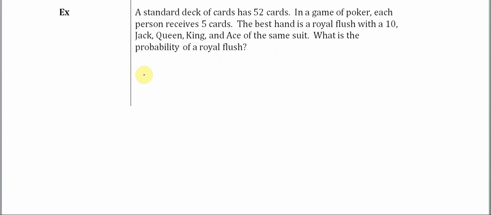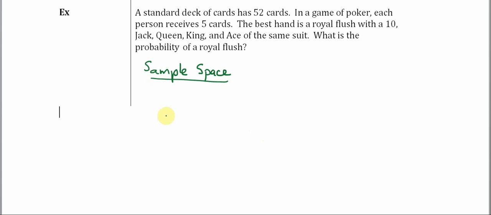Okay, so this is a tougher question because the sample space is huge. If you try to list it all out, it's going to take you a long time. You could have a 2, a 3, a 4, a 5, a 6, and then you can think of all the different suits that each of those could have. The tree for this is enormous. So we have to think combinatorially, in terms of counting.